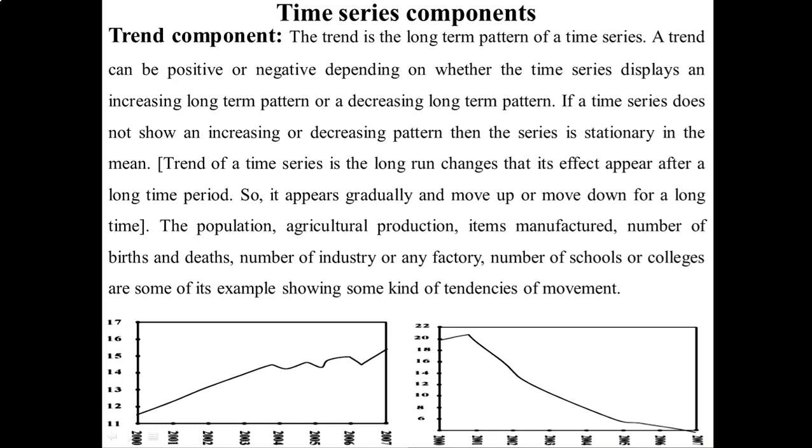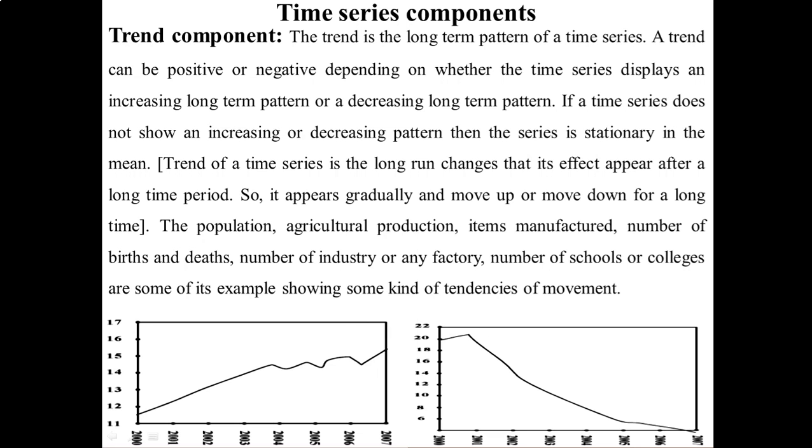Trend of a time series is the long run change whose effect appears after a long time period. So it appears gradually and moves up or down for a long time.